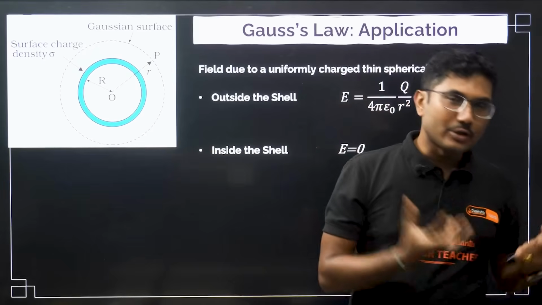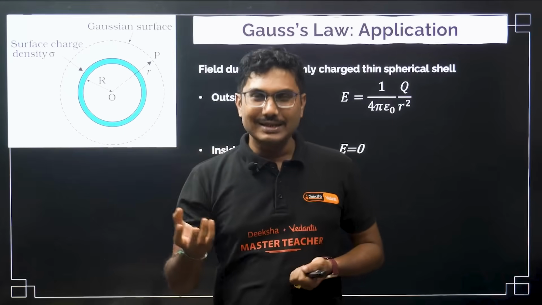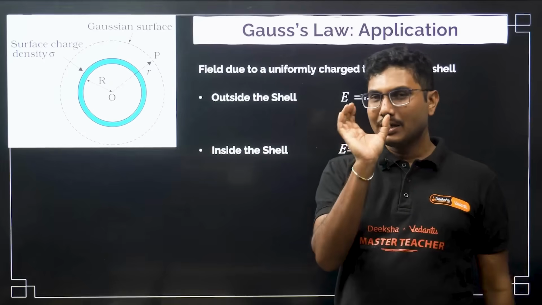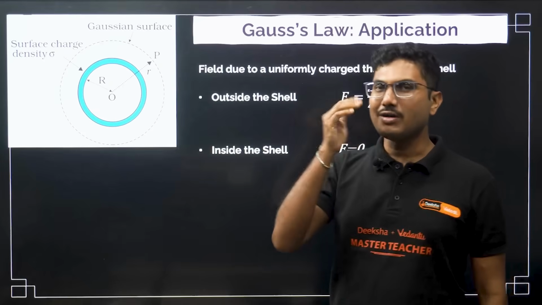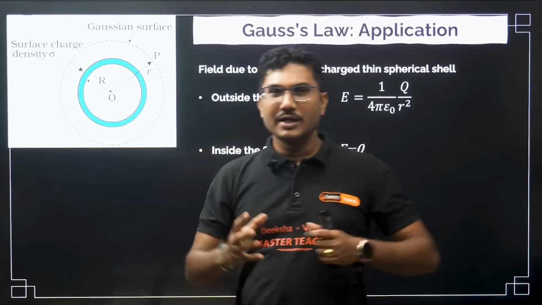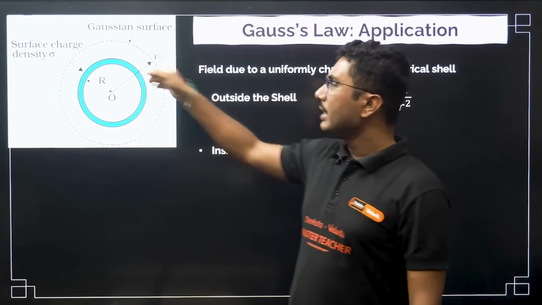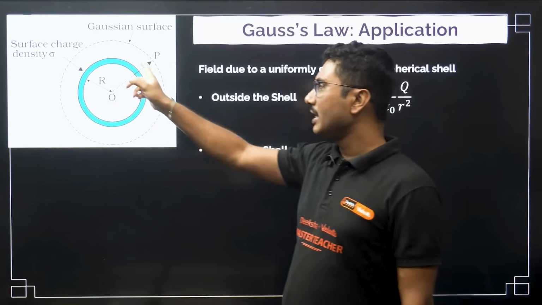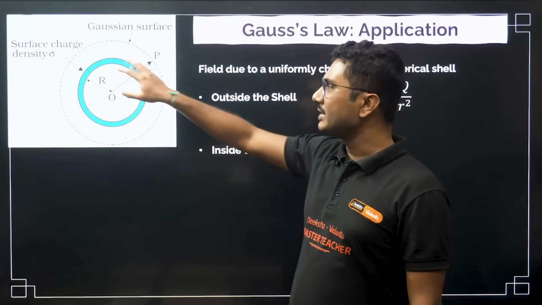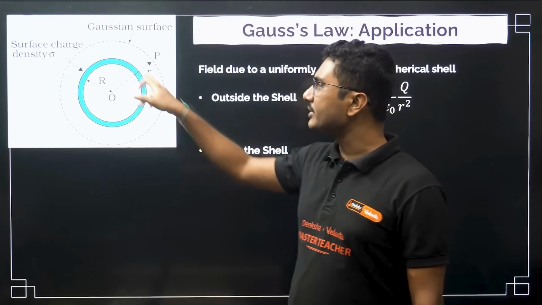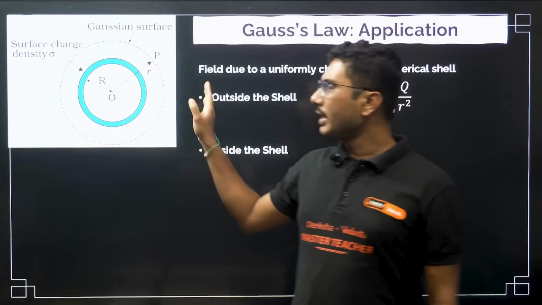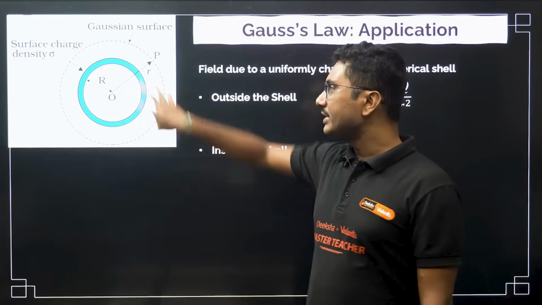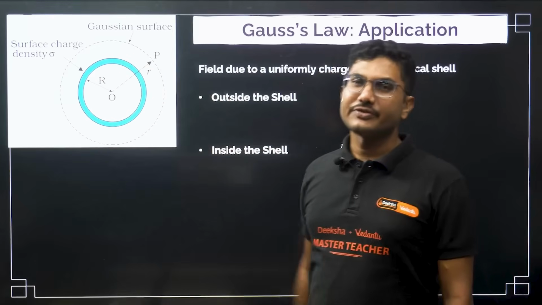Or you can consider a football, or an egg where you have taken everything out and only the shell is present. Shell means the cover. So spherical shell means inside is vacant, nothing is present. It's a charged shell, which means the charges are present on this shell only. Nothing is present inside, nothing is present outside. This is considered to be a charged spherical shell.